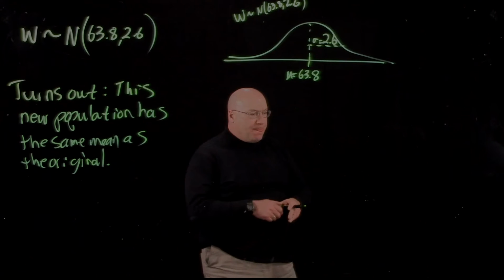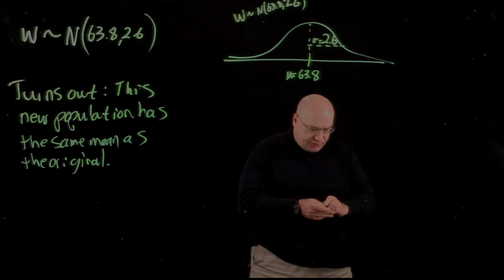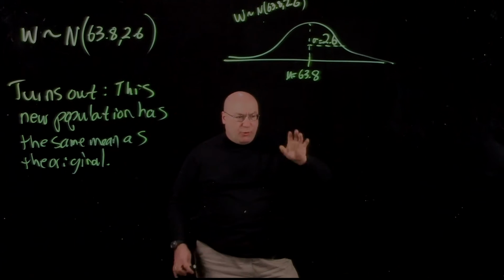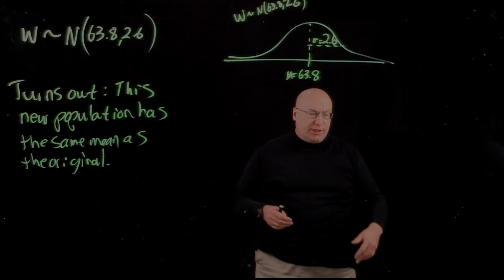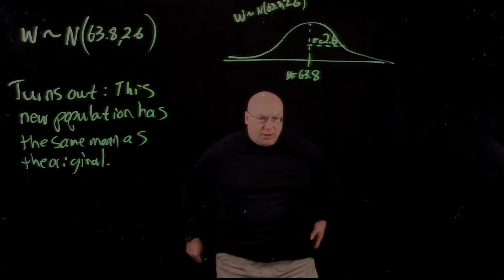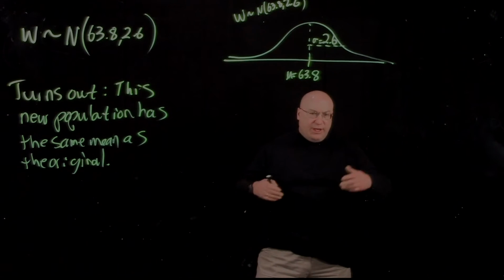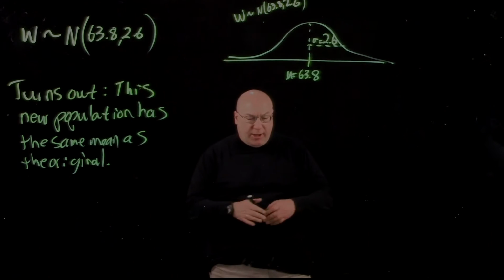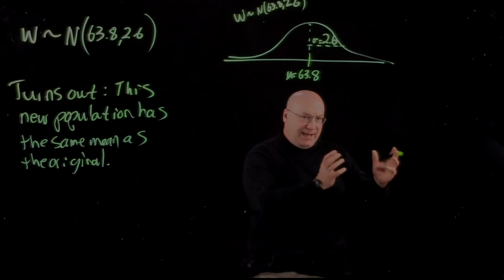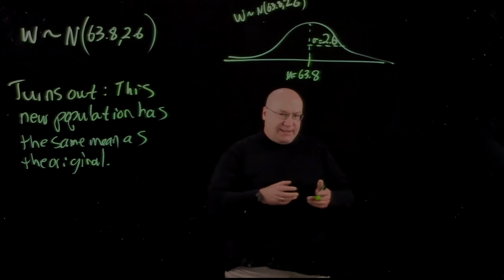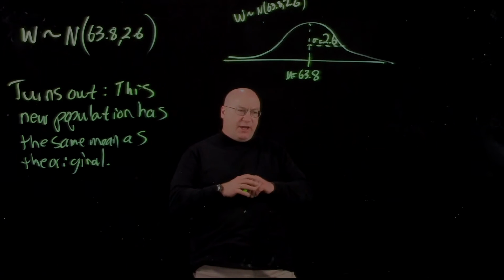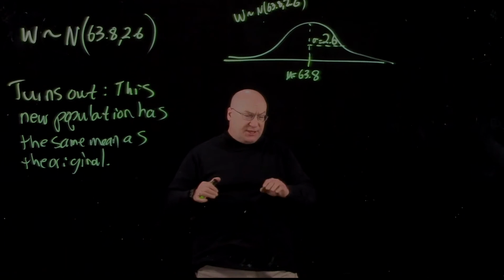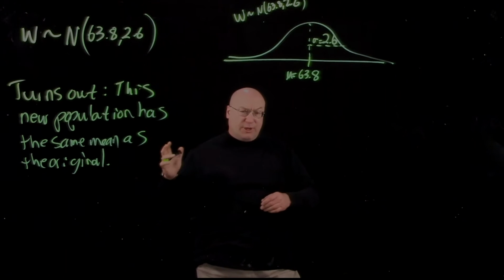But what about the standard deviation? If I am randomly picking a single woman, it's going to happen occasionally that I'll get some woman who's unusually tall or unusually short. You expect that to happen once in a while. But if I pick 10 at random and take the mean, can you see that it's much less likely I'll get a mean of the 10 that's really tall or really short?